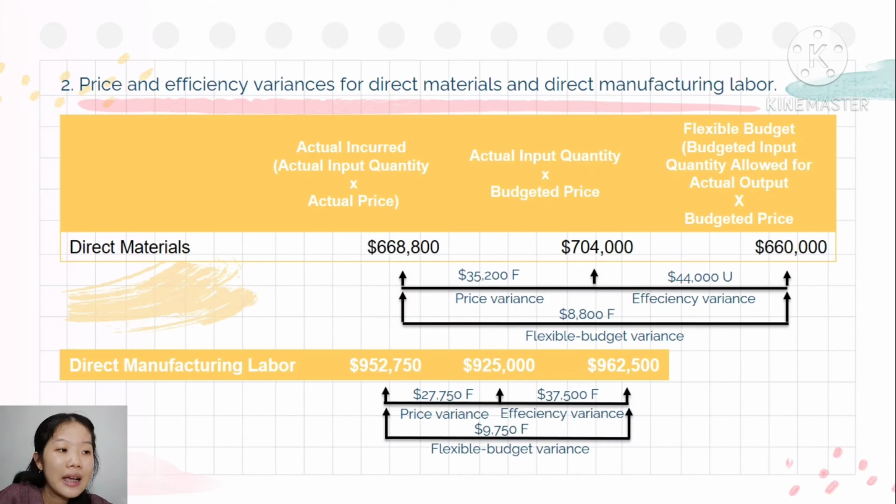So the price variance in direct manufacturing labor is $27,750, and the efficiency variance is $37,500. And for the flexible budget variance, we get $9,750.